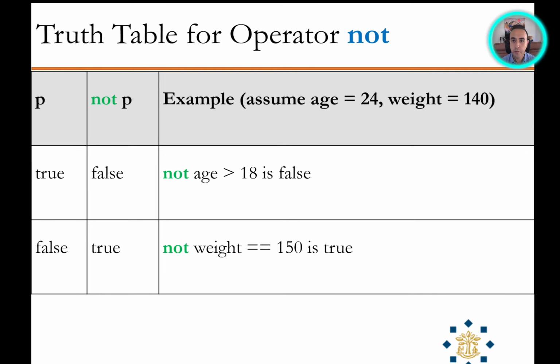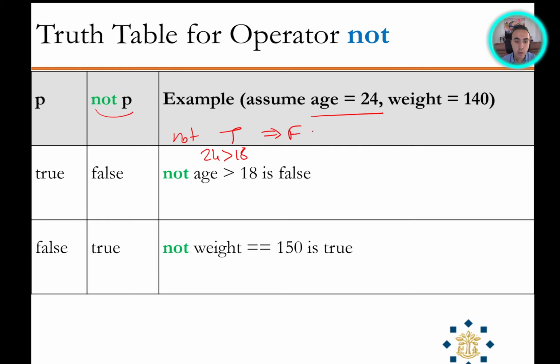And the truth table for NOT is going to be like this. If you write, for instance, not P, and when P is true, it's going to be just the opposite of it. For instance, assume age is 24. 24 greater than 18 is actually true, but if you have not true, that will be false.